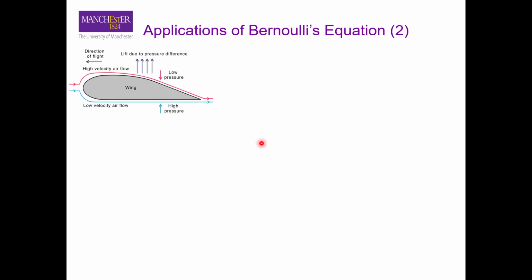And then you have another example of a real life application of Bernoulli's equation, where we can see how we use it to design the wing of a plane, to cause the plane to lift.